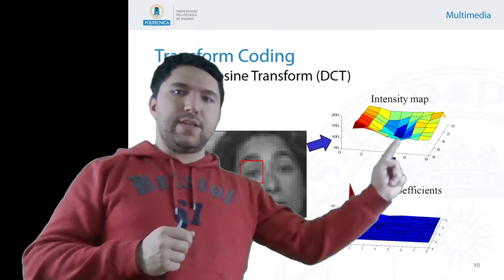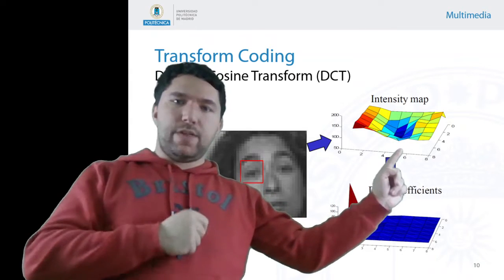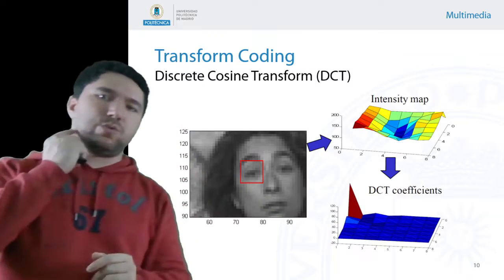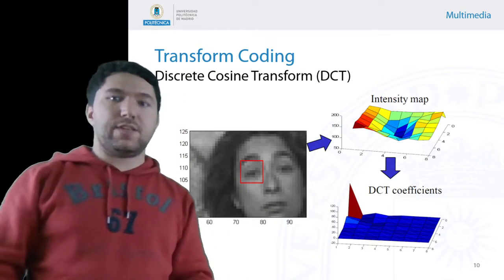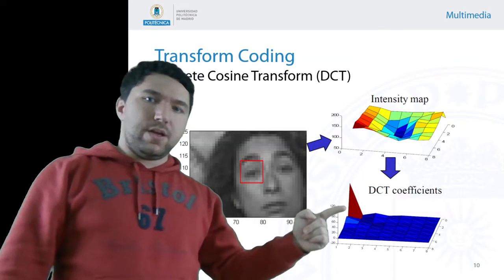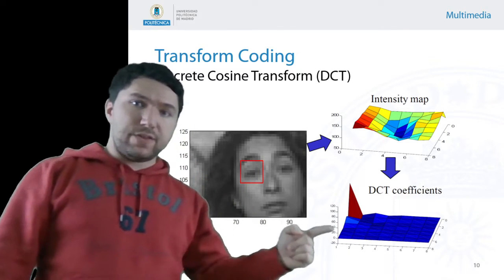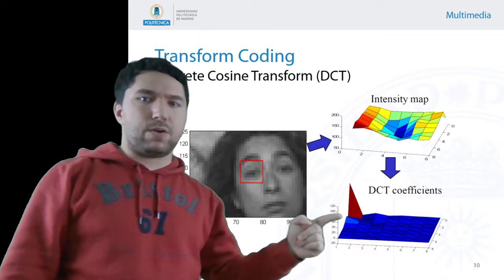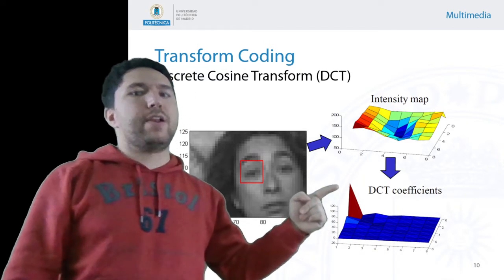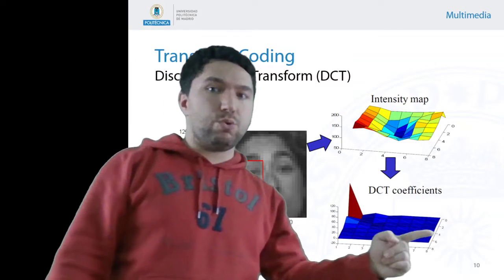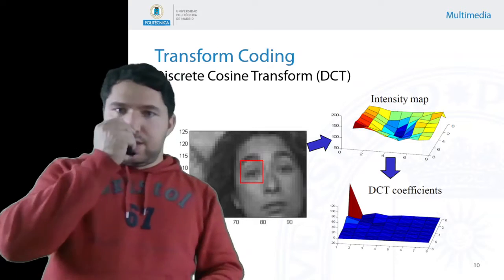Here in the center, we have the pupil of the eye, and it's close to 0. And then we have greater values around here and so on. So if we transform these coefficients, we will obtain something like this. We will have here a very important coefficient which will contain the average value of all the coefficients in my block, and it will be a very high value. And then we will have values which are much closer to 0.